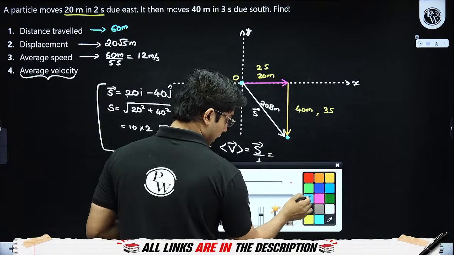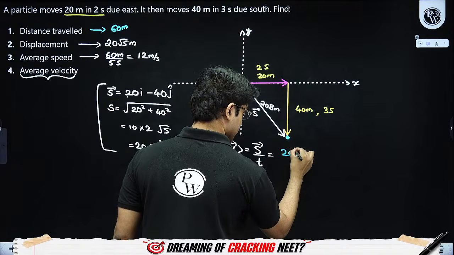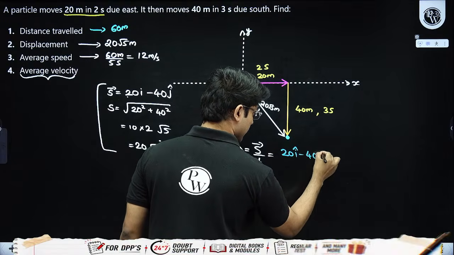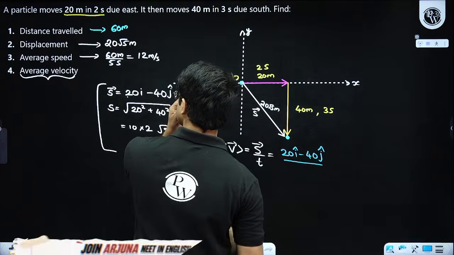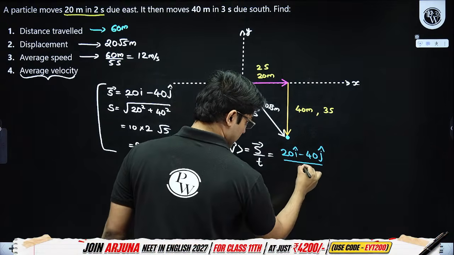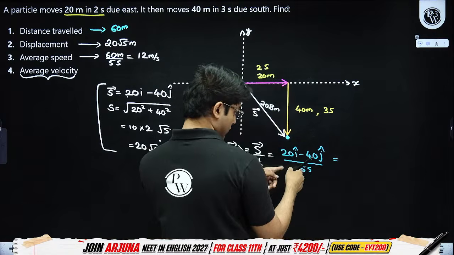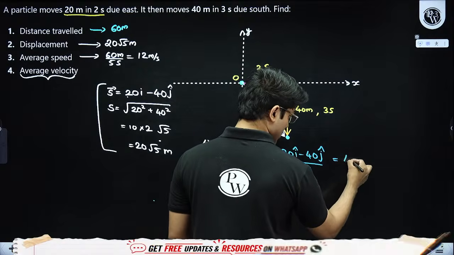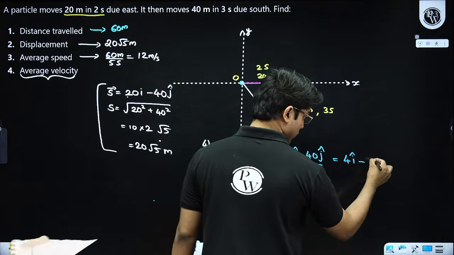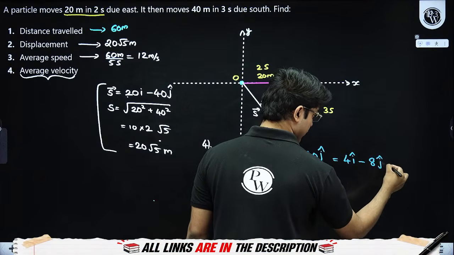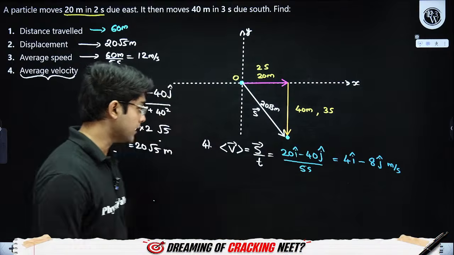You substitute that here and divide it by the total time of the journey, that is 5 seconds. So average velocity is 4i cap minus 40 by 5 is 8, so 8 j cap. Unit is meters per second. This is the average velocity vector.